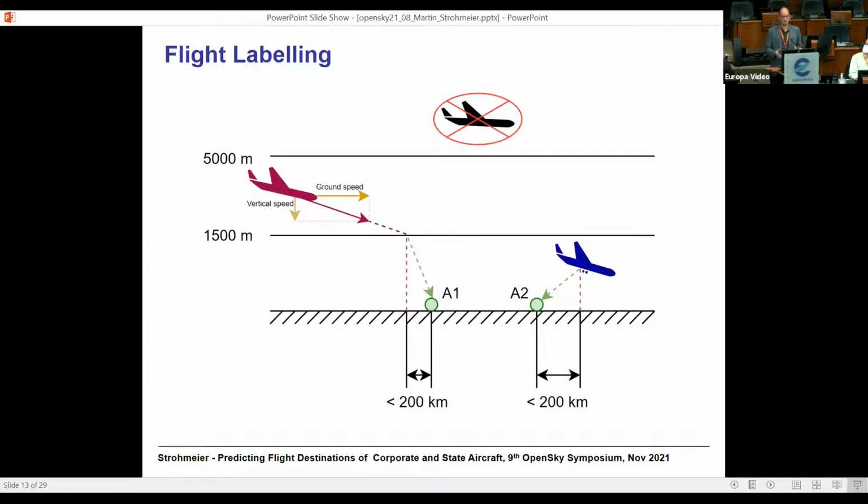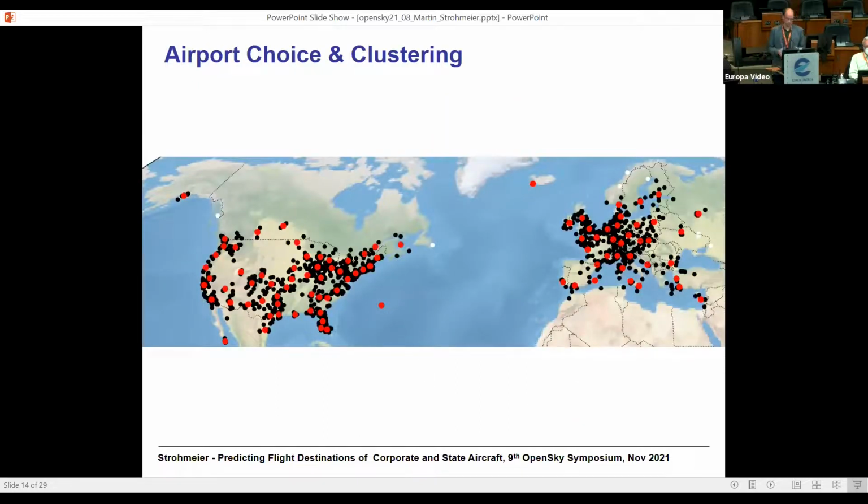And if you just looked at heading at this point, when there's a lot of turning going on, that didn't actually turn out to be a better approach than just looking for the nearest airport in this zone. The second thing we needed to do for this approach, or we wanted to do really, was to create some airport clusters just to see how good our granularity can become. That means we cluster things.